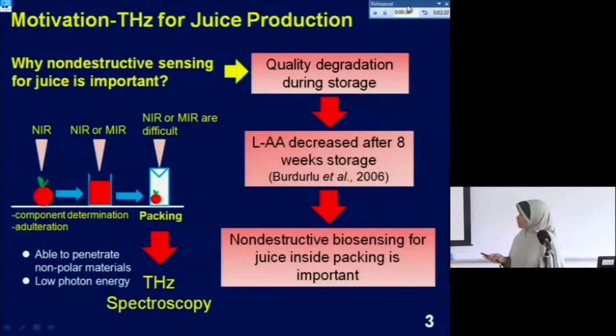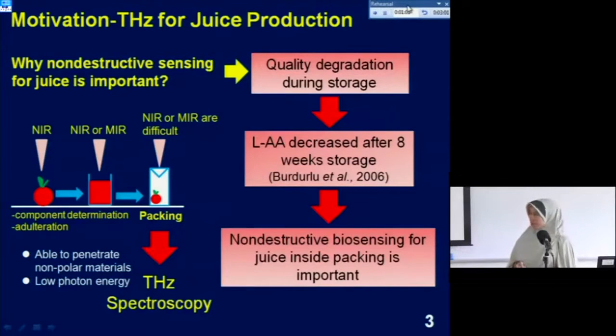Then, why is such non-destructive sensing for juice important to develop? In the previous study, it has been reported that there is quality degradation of juice product during storage or transportation. For example, L-ascorbic acid content in juice product decreases after a week of storage.